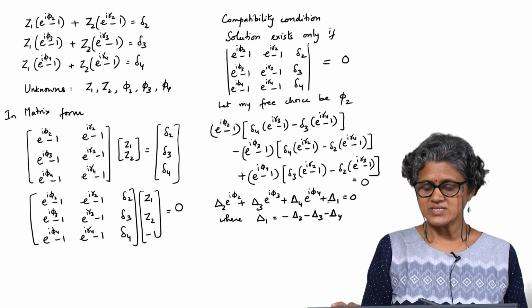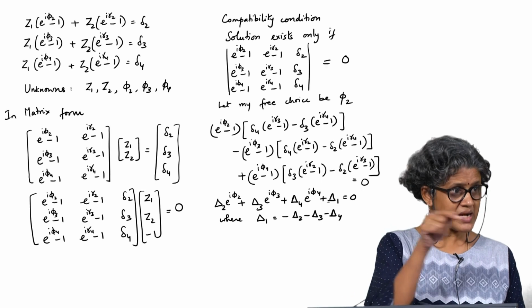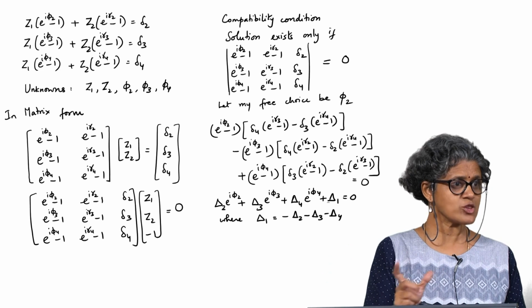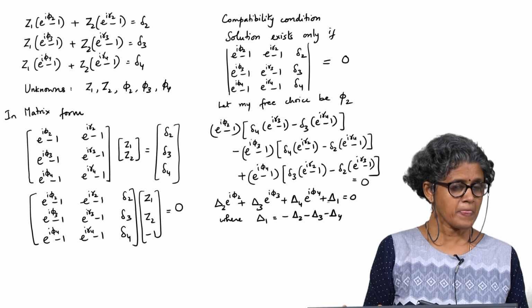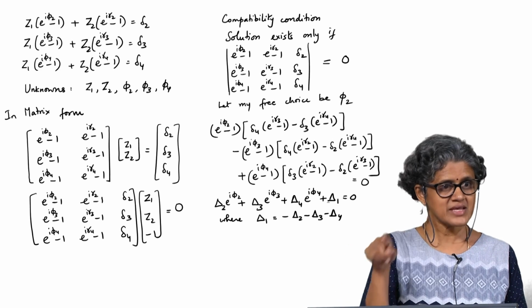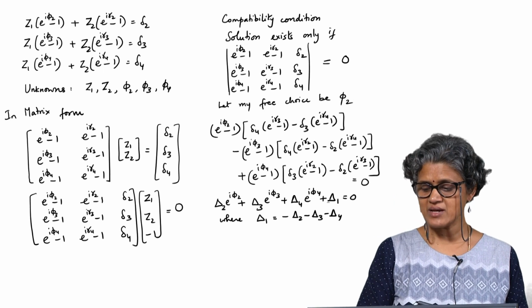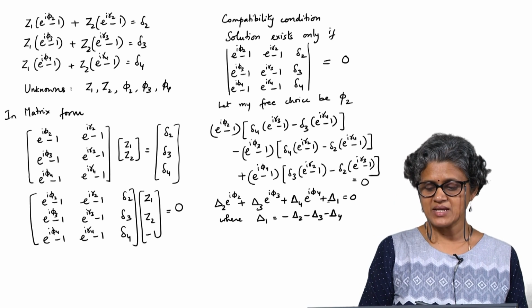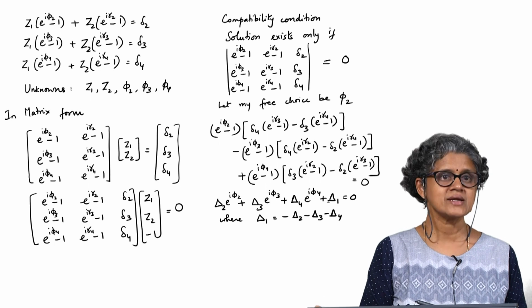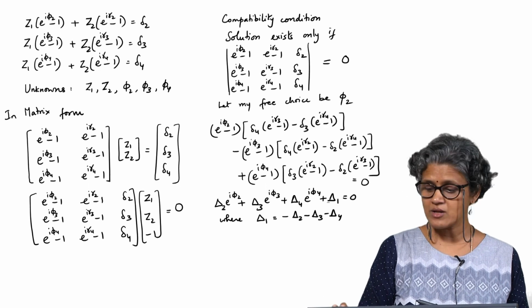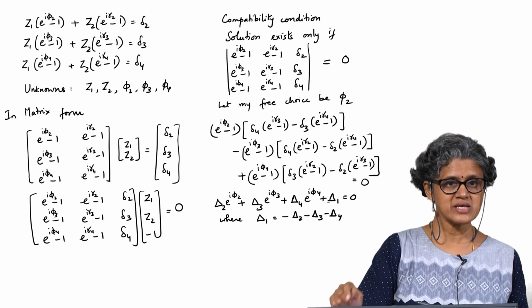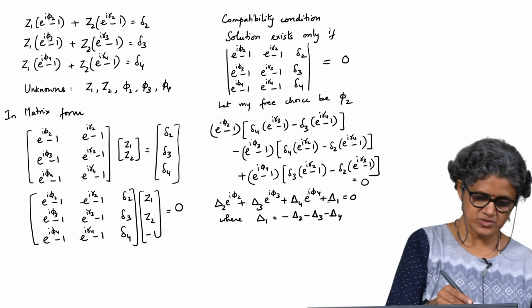Okay. So, this compatibility condition can be thought of as a 4 bar satisfying this loop closure equation, where the lengths are basically delta 1, delta 2, delta 3 and delta 4, and all these deltas are based on known quantities. So, let us write that.